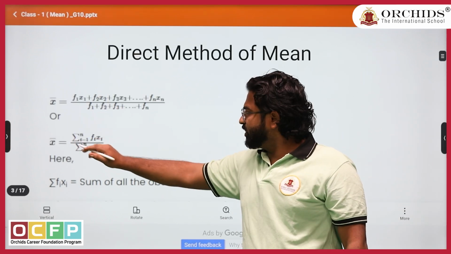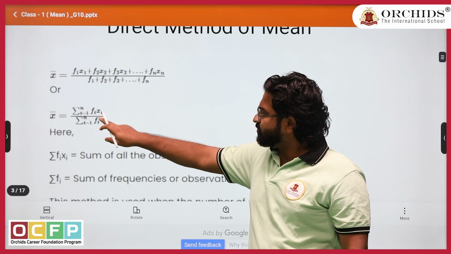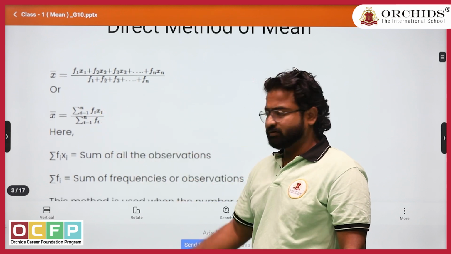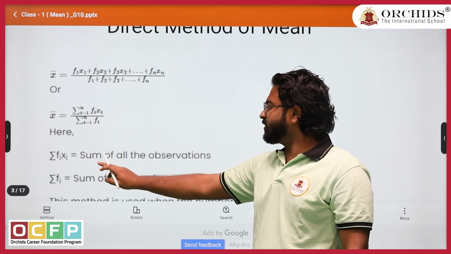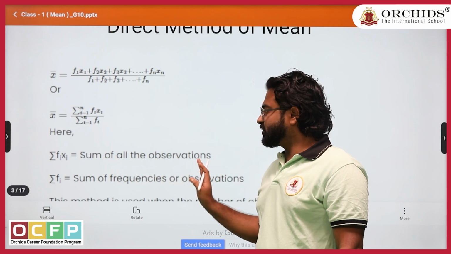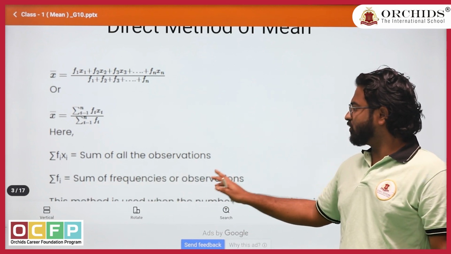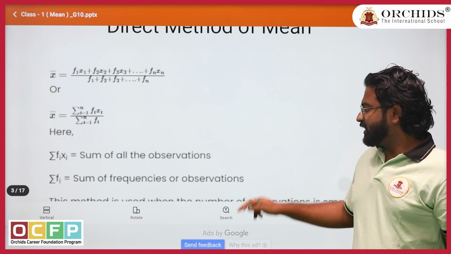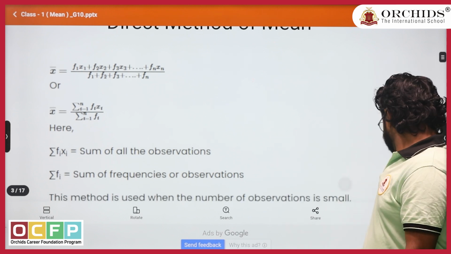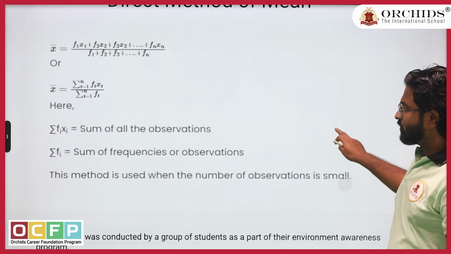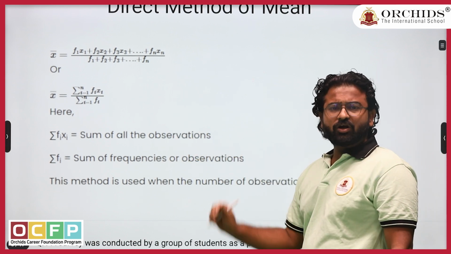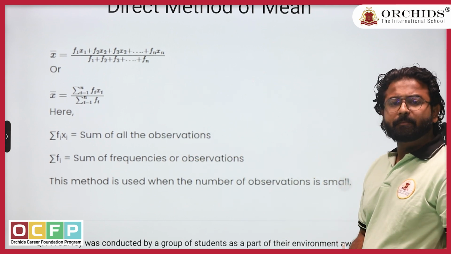X bar means mean, sigma fi xi over sigma fi. Sigma fi xi means sum of all the observations. Sigma fi means sum of the frequencies. This is our formula for finding the mean.